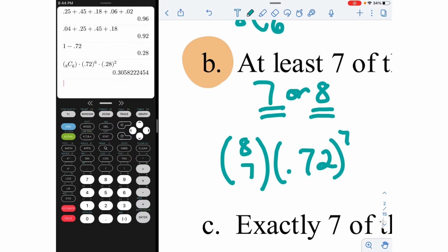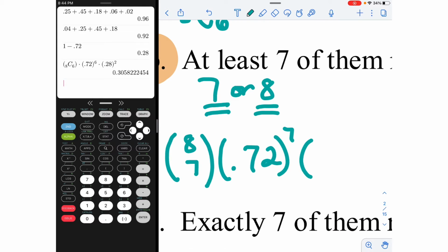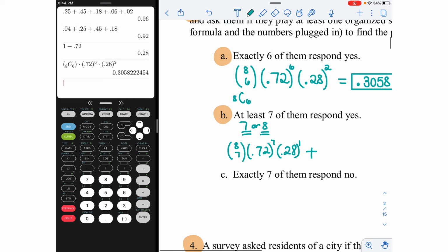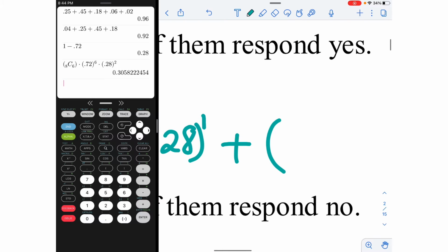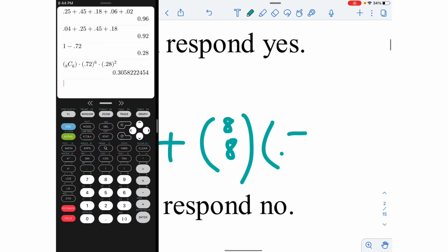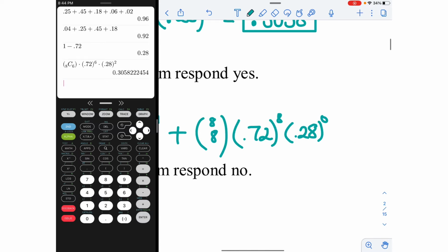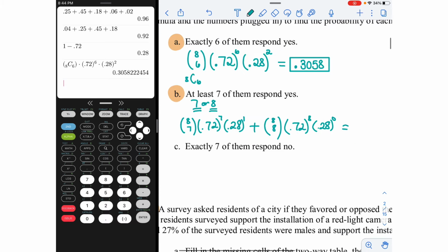We want 7 of those to say yes, which means only 1 says no. And then since it's or, we're going to add that to 8 choose 8. We want all of them to say yes, which means none of them say no. And just plug and chug.